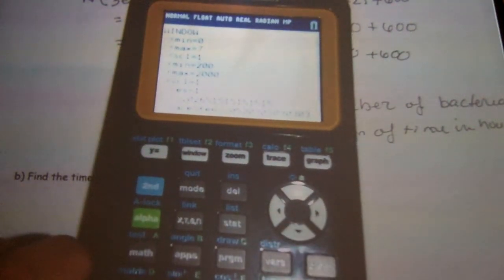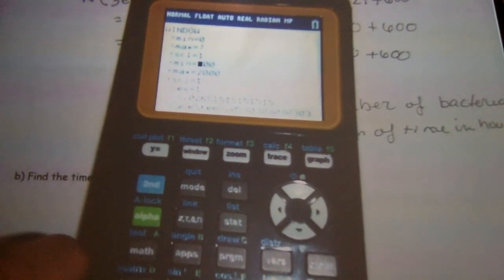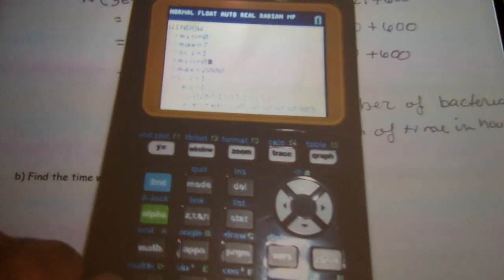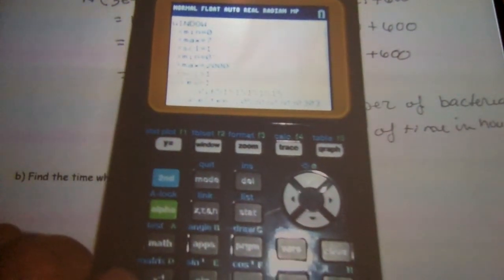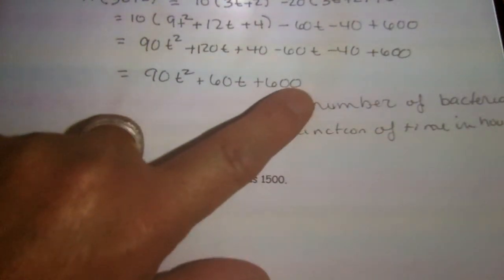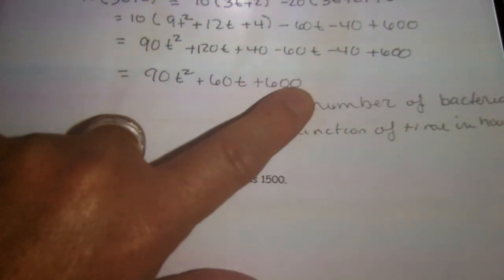A 1 scale is good, because we only have 7 there. Y minimum is going to be what? Well, when you put in 0 for t, what do you get? 600. Just look at the function. Look at this equation right here. That's two more than. So we want to have our y minimum to be 600.